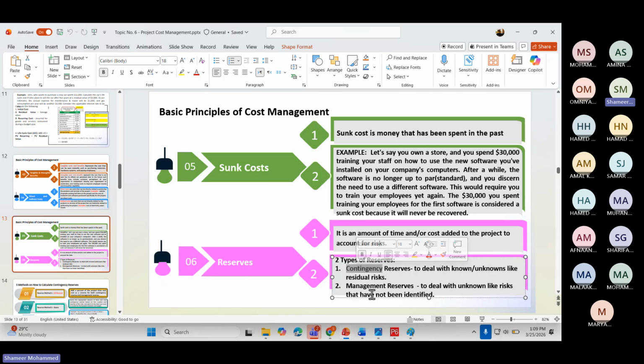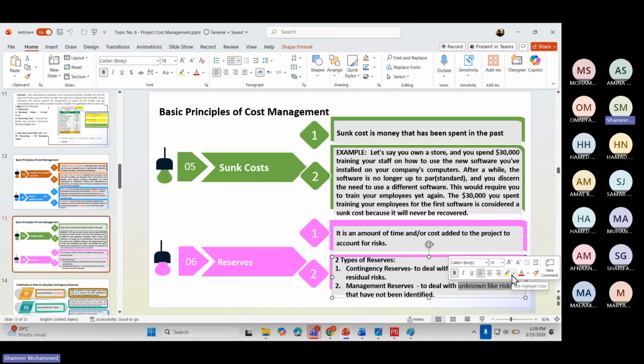The other one is management reserve. It is to deal with unknown risks that you have not seen. The risks may happen or may not happen, but you don't know that. So to manage those, you are keeping the money separately. That is called management reserve. The first one is contingency reserve.